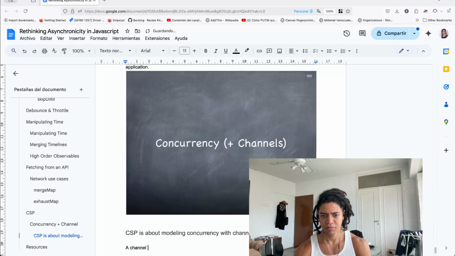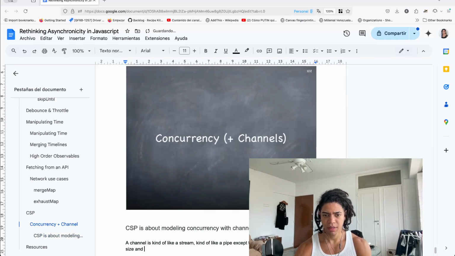So a channel is kind of like a stream, kind of like a pipe, except there's one important characteristic, and that is the pipe doesn't have a buffer size, and therefore has this notion of back pressure built in.